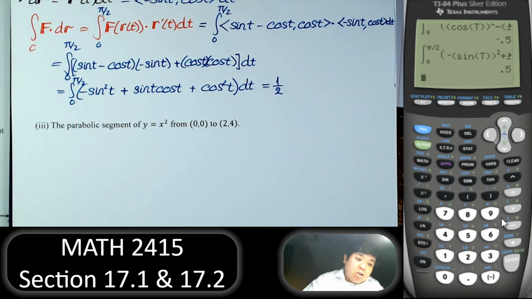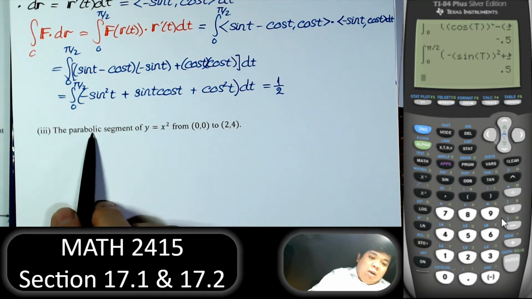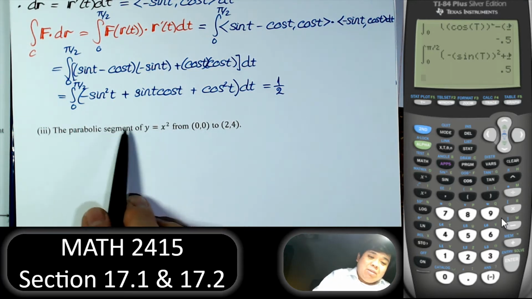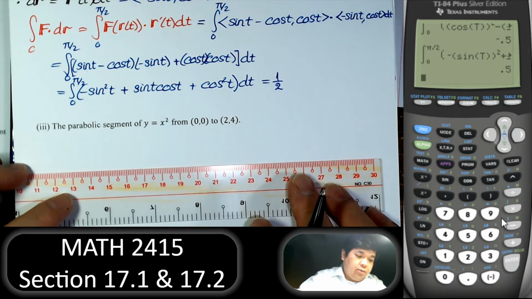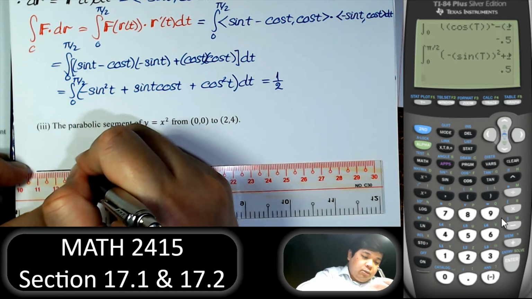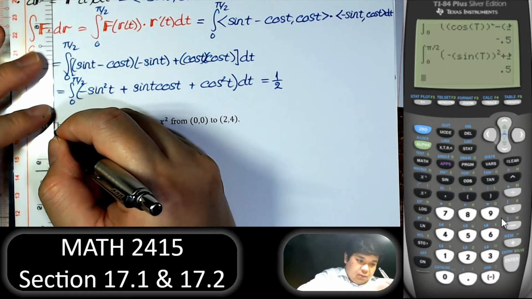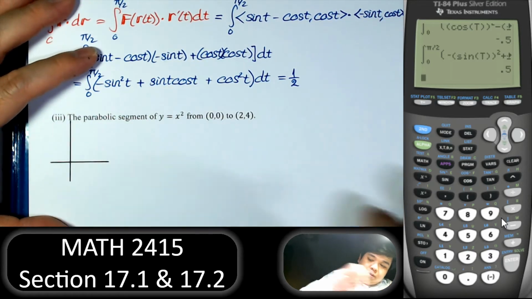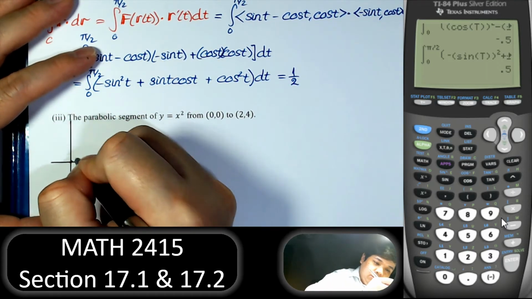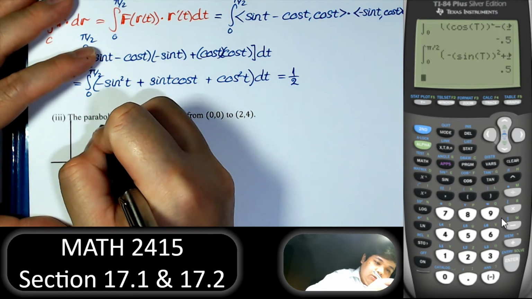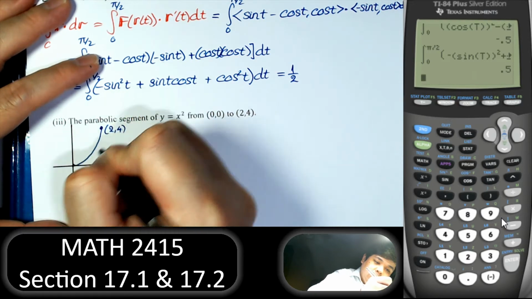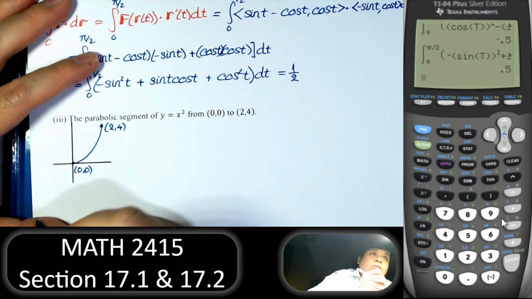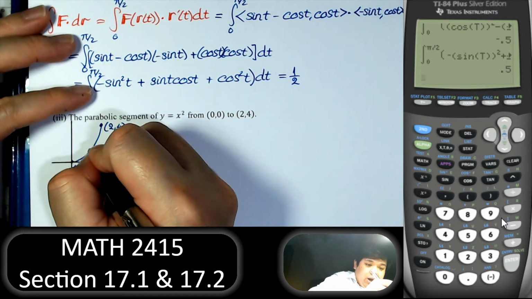Right, more examples. The parabolic segment from 0 to 2 and 4. So this is the curve going that way.